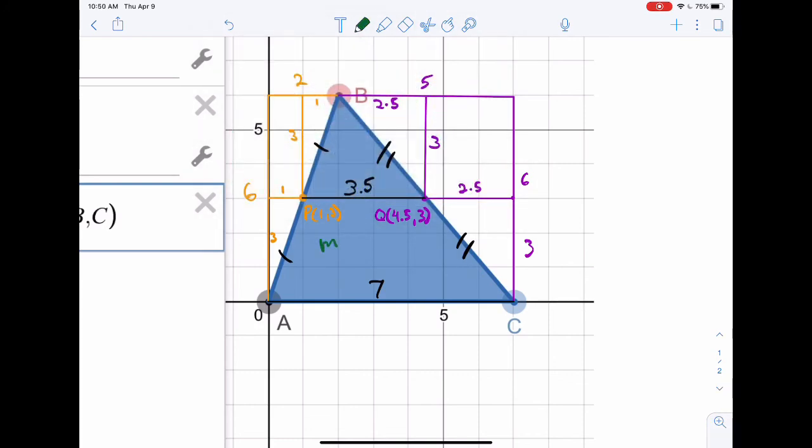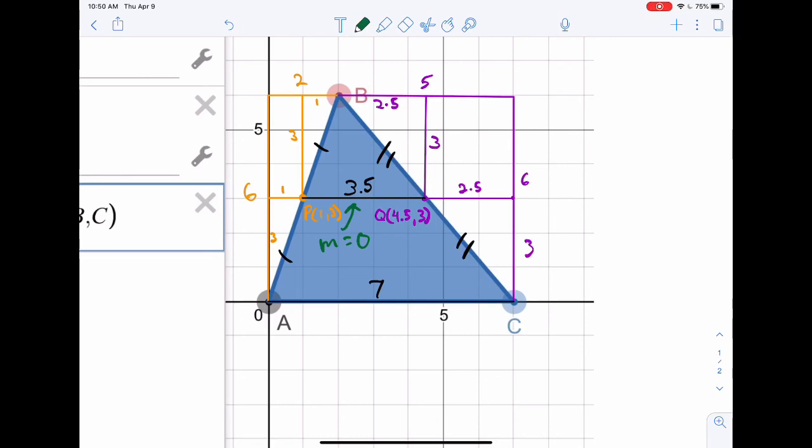The slope of line PQ, m equals what? Well, it has a rise of 0 and a run of 3.5, which ends up equaling 0.